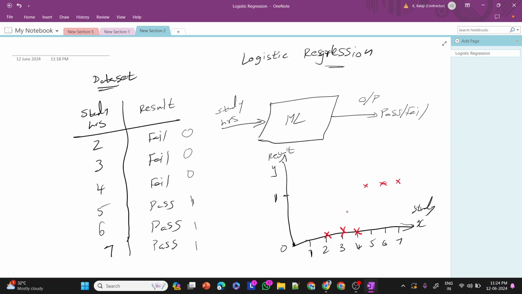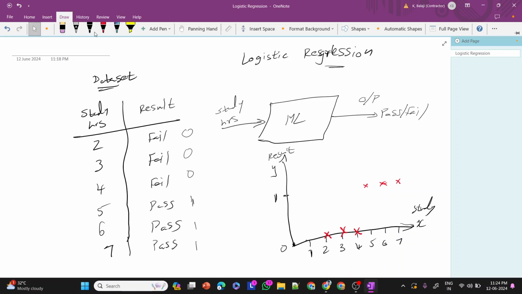In a regression problem, we need to find a best fit line that has less error.